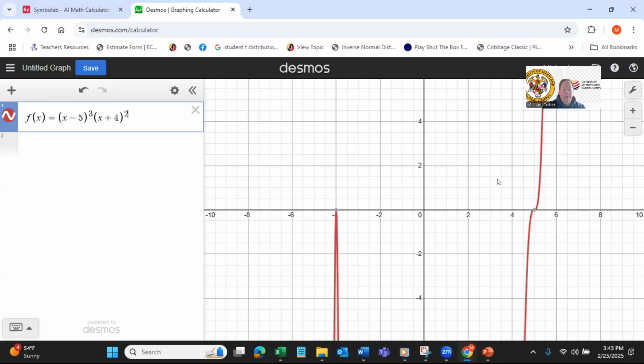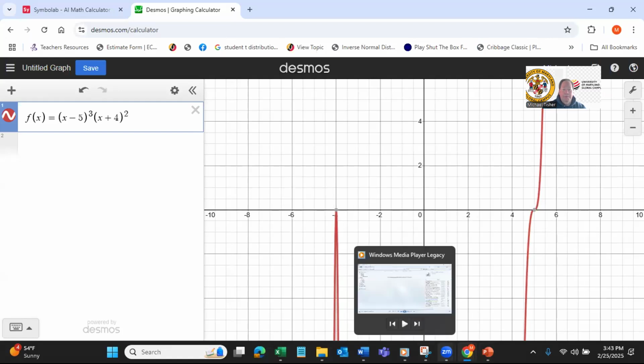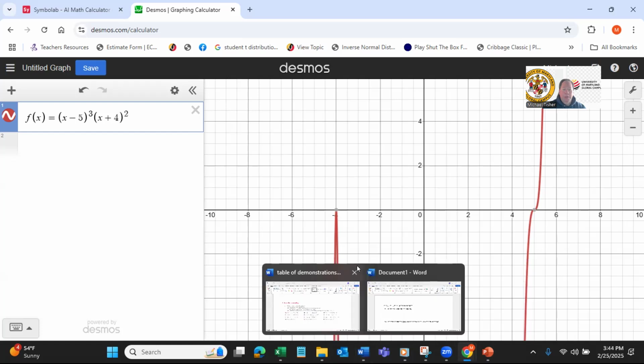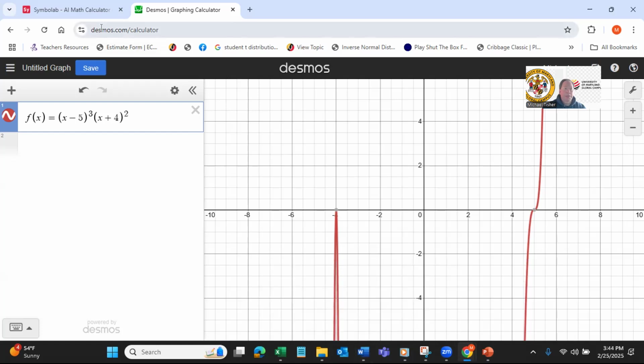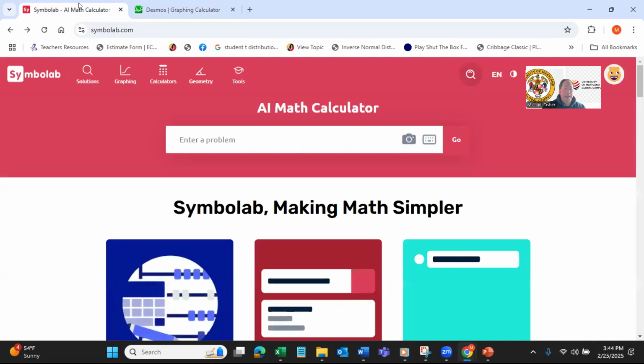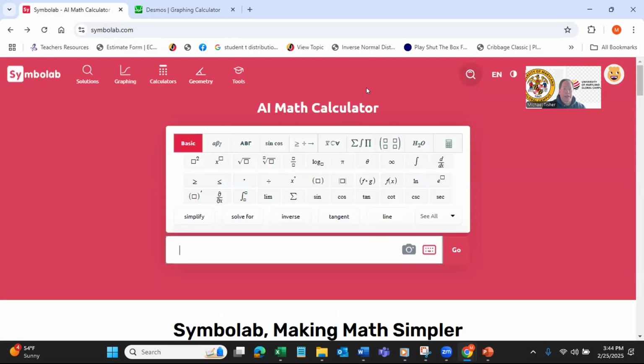And I've graphed it right here. Now, to find the zeros, we're going to use the Symbolab calculator right here.